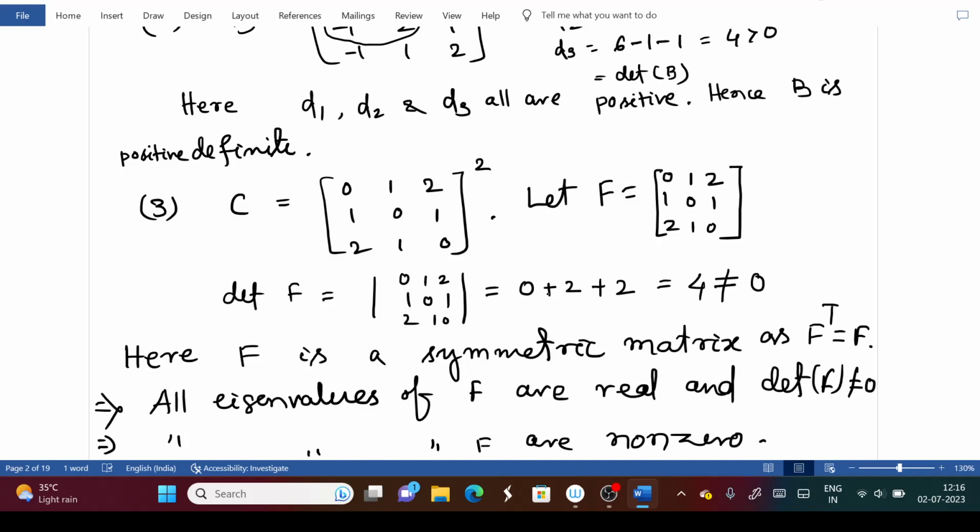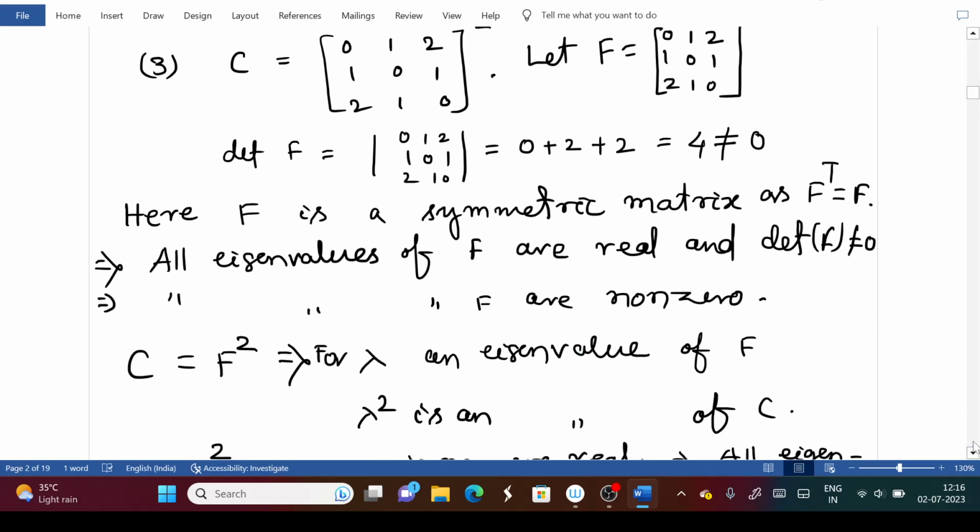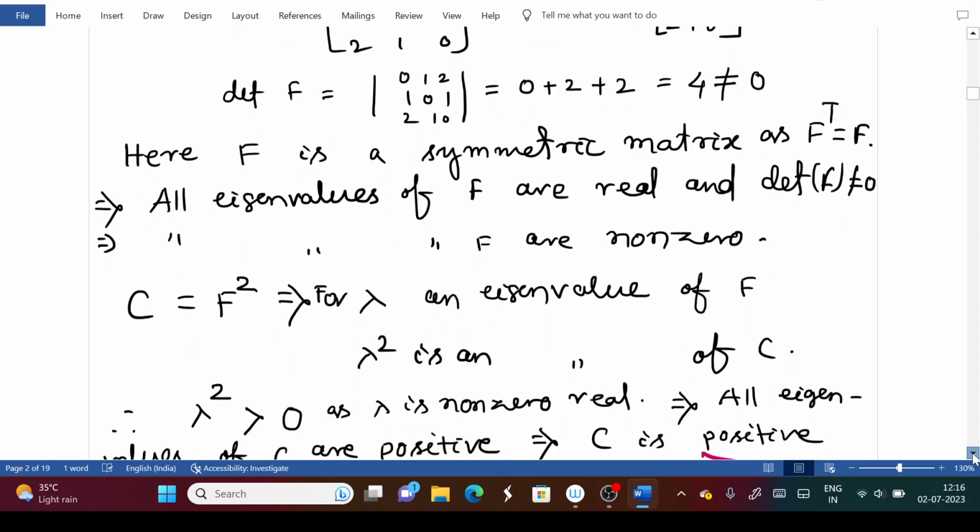So eigenvalues of C are squares of eigenvalues of F. Because squares of real numbers are always non-negative, and as the eigenvalues of F are non-zero, all the eigenvalues of C are strictly positive. So C is positive definite.